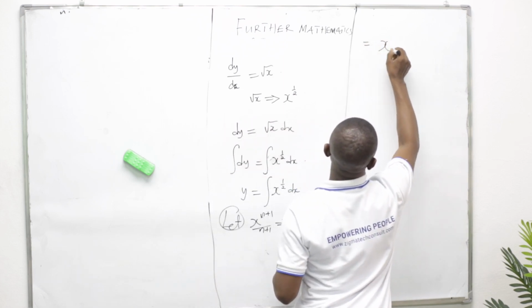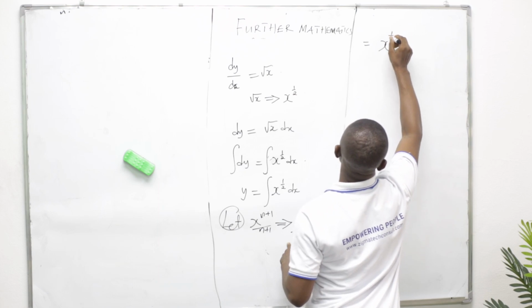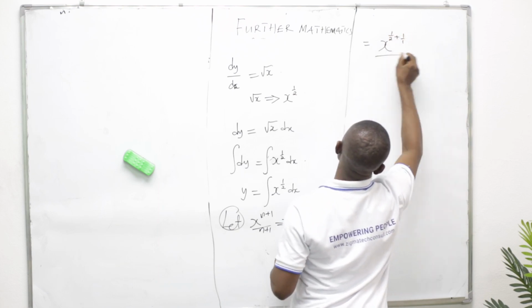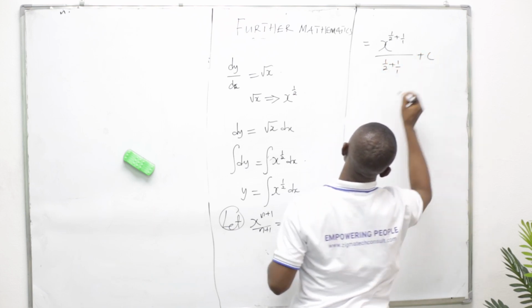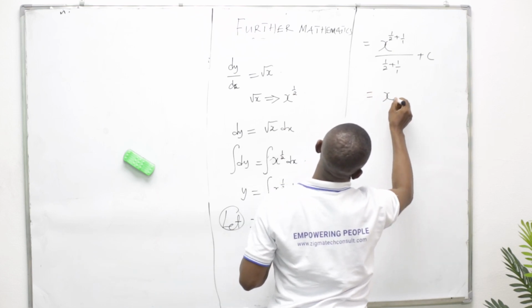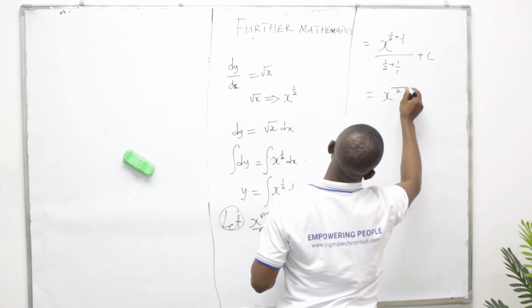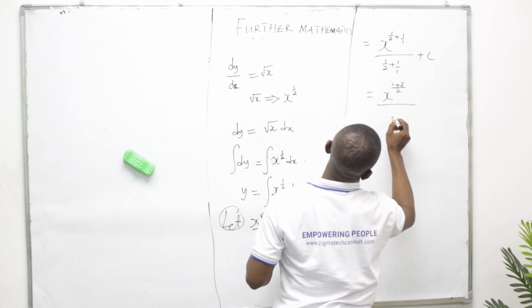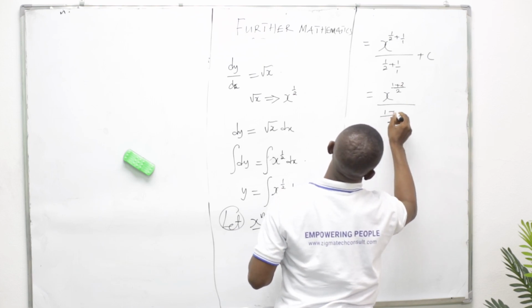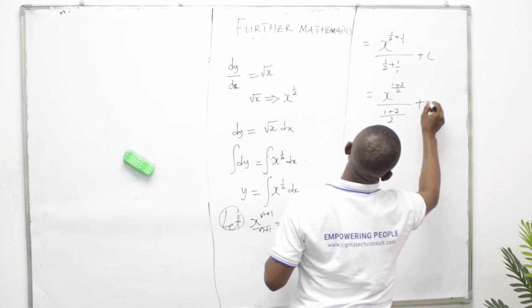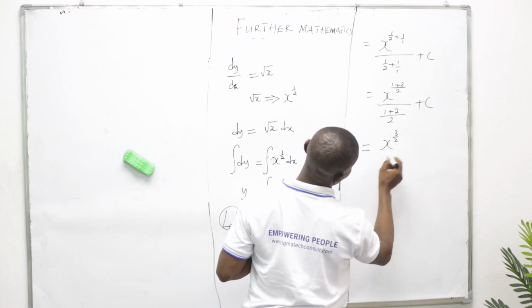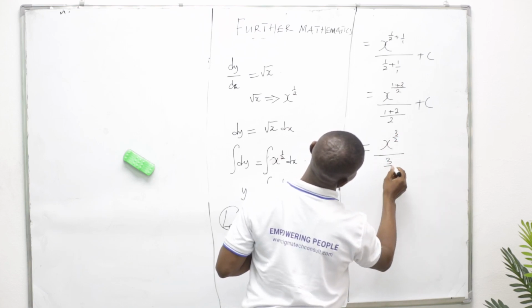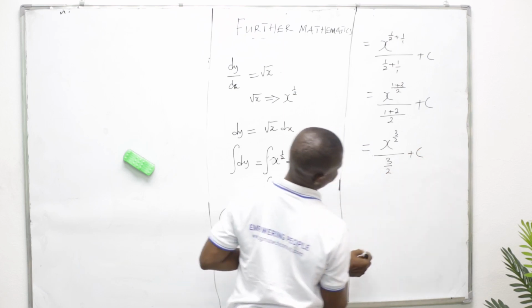This will give us x raised to power 1 over 2 plus 1 over 1, divided by 1 over 2 plus 1 over 1, plus c. The LCM is 2, so this is 1 plus 2 divided by 1 plus 2, plus c. It will give us x power 3 all over 2 divided by 3 all over 2, plus c.